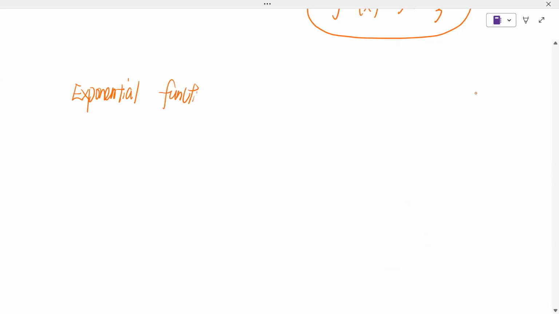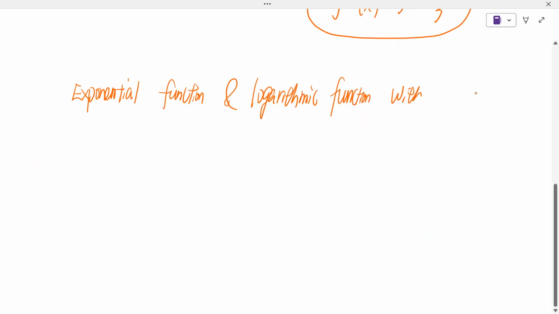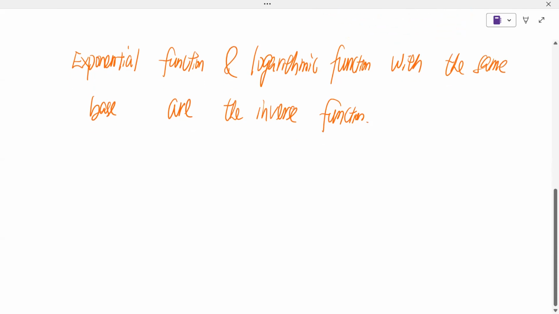So as I mentioned, exponential function and logarithmic function with the same base are inverse functions of each other. I'm going to show you how that goes.